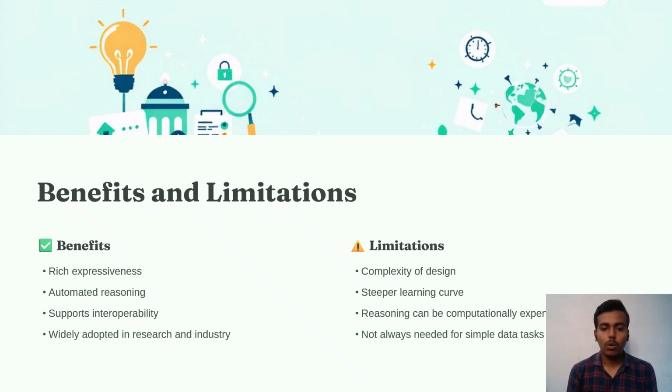Limitations. Ontology design can be complex and requires expertise. The learning curve is steep. Reasoning can be computationally expensive, not ideal for massive real-time data unless optimized. For simpler data tasks, OWL might be too much. Plain JSON or RDF may be enough.